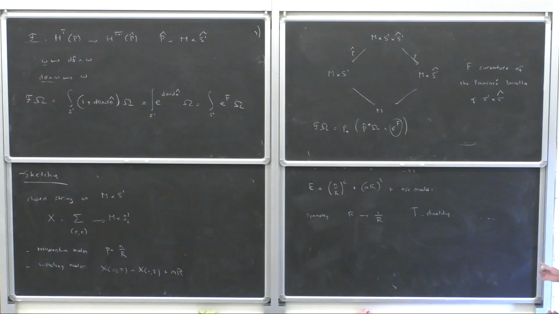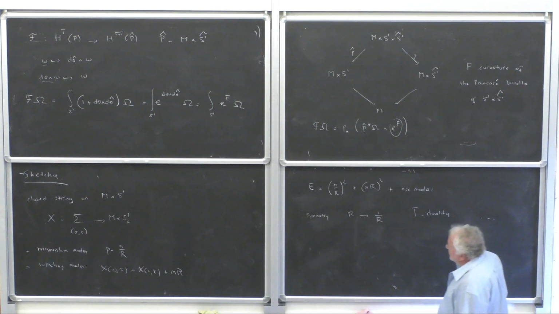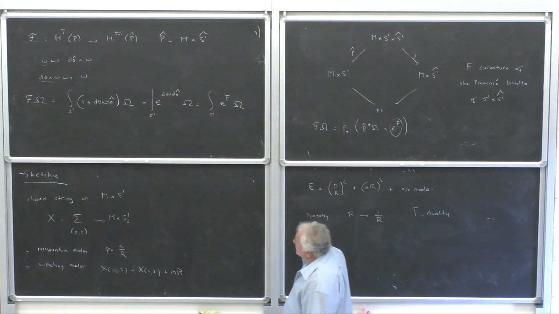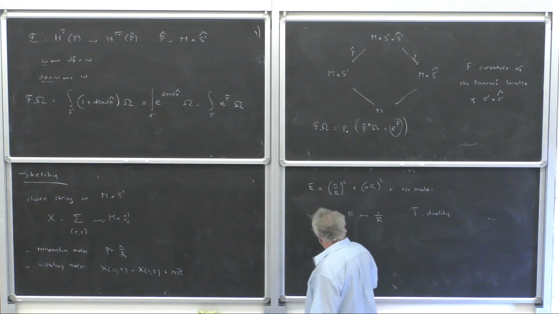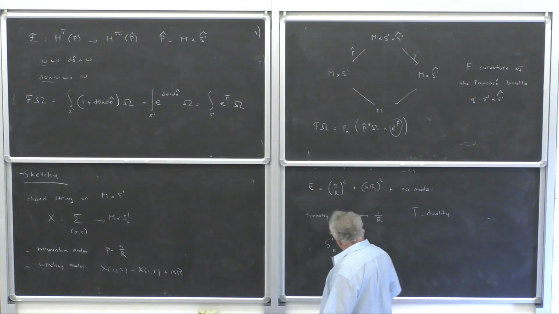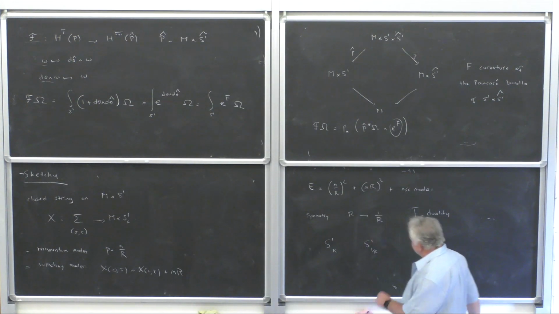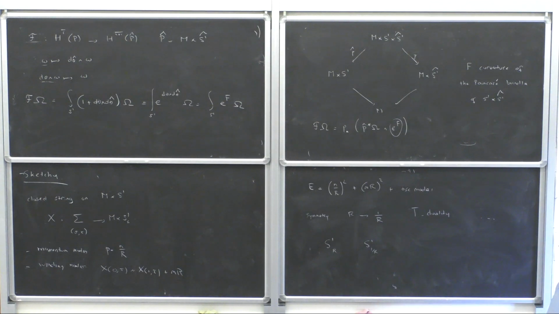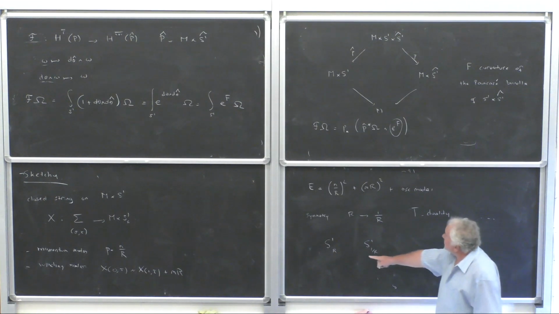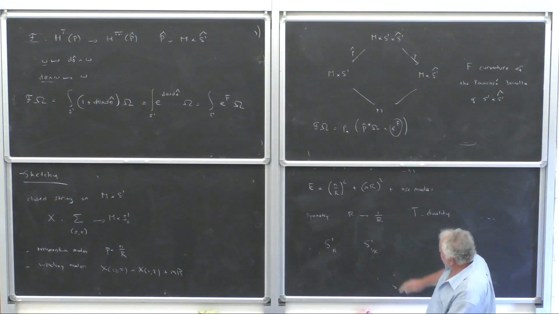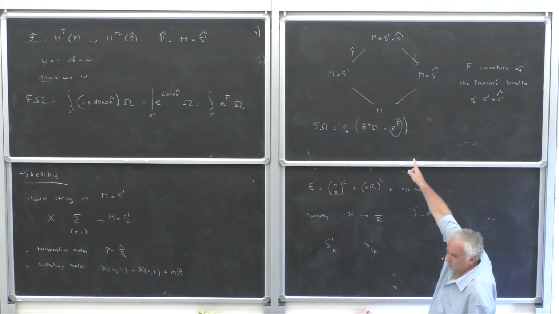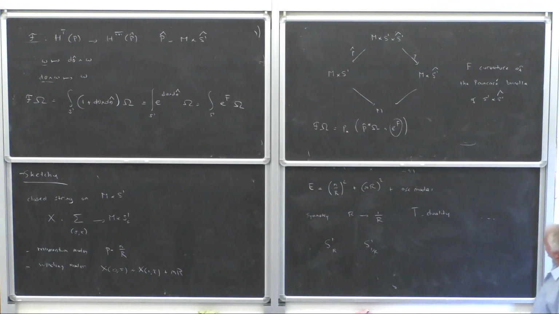So it's a symmetry of the full string theory. With string theory, you can't distinguish a circle of radius r and a circle of radius 1 over r. Now, topologically, they are of course the same, at least if r is not 0. So this is just the topological part of it.